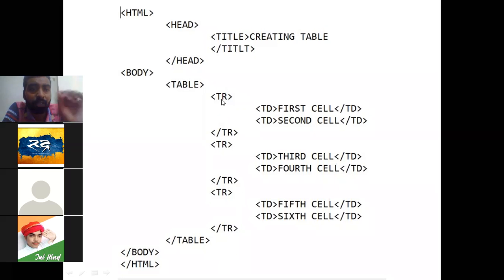First we create the row, and in that row how many cells there will be is decided by the TD tag. The TR tag creates a row, and the number of cells you want in that row depends on the TD tags.